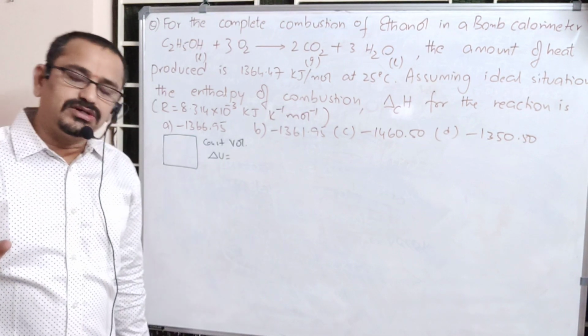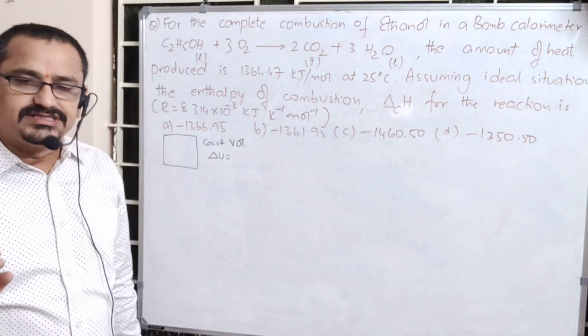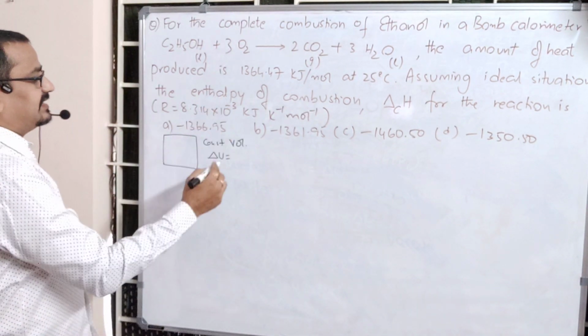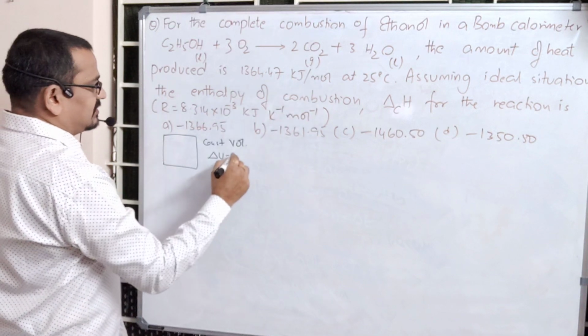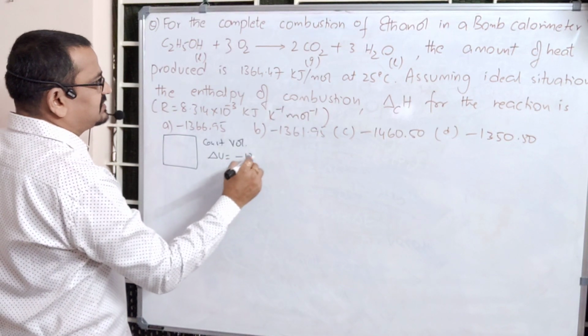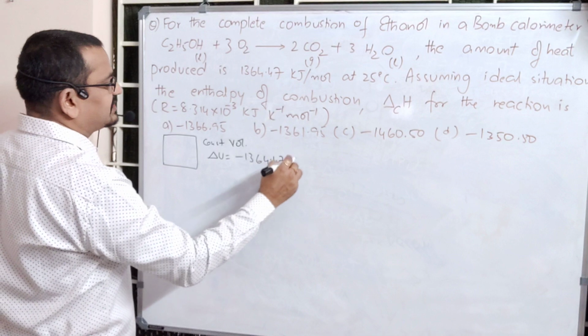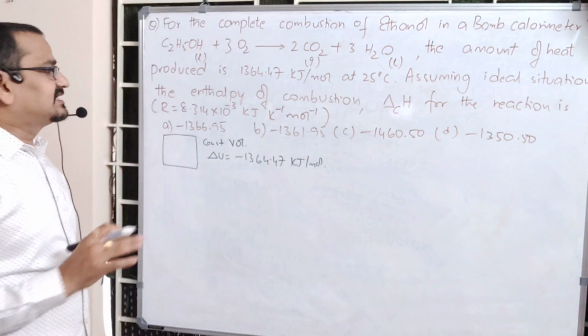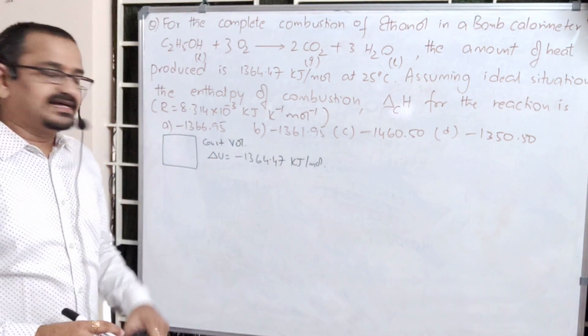Heat change at constant volume is called internal energy. Right. Now here delta U is given as liberated, minus 1364.47 kilojoules per mole.